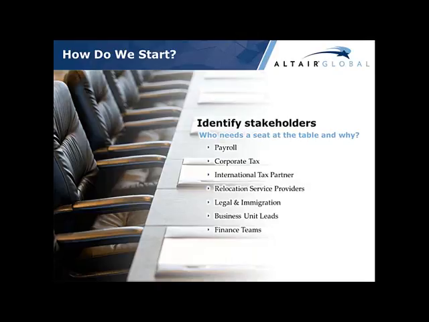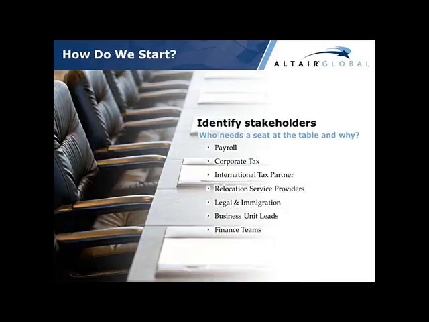The list of participants is always going to be specific to your business, but in general, we like to recommend bringing payroll, corporate tax, the international tax provider, your relocation service provider, legal, business unit leads, finance teams to the table early to really ensure the broadest perspective and diversity of ideas as you begin building out your compensation compliance program.